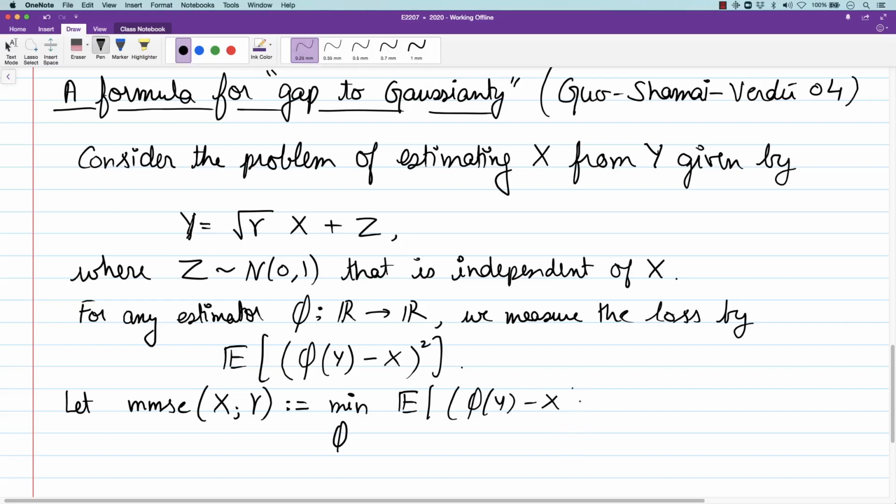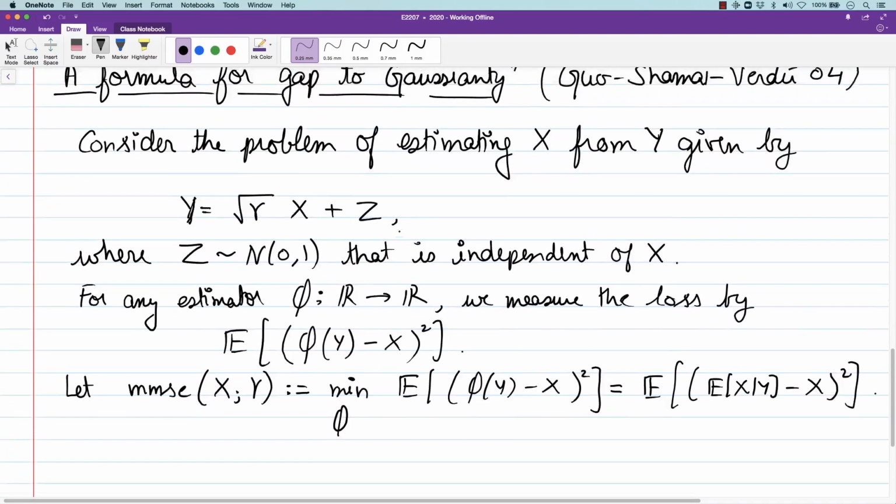And indeed, it is well known which function phi attains this minimum. That's something that you learn in any basic statistics course or the detection estimation course. That function which attains this is the conditional expectation. Once again, I emphasize that this is valid for any joint distribution. In this case, the distribution of x is arbitrary, but the distribution of z is Gaussian.